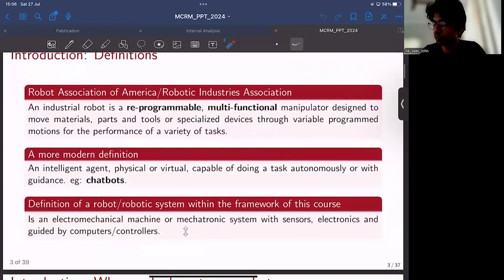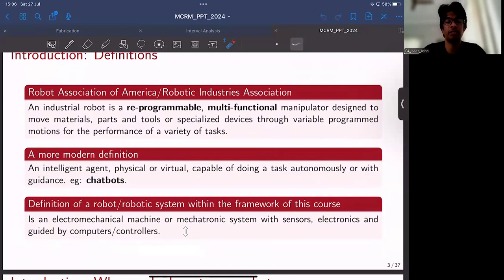Another definition of robot, which only came quite recently, is an intelligent agent. A robot is an intelligent agent, physical or virtual, capable of doing a task autonomously or with guidance. So a robot, in the modern definition, does not really have to be physical.